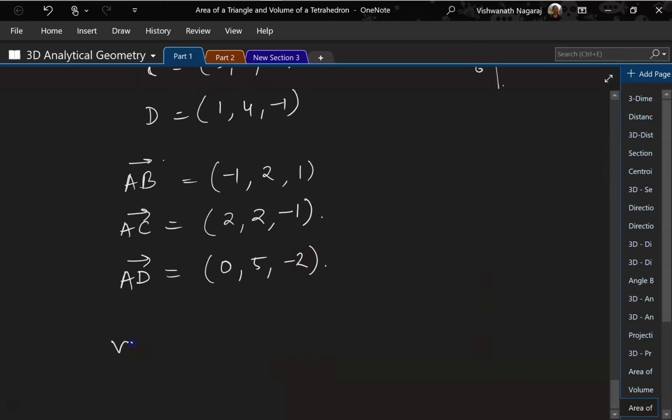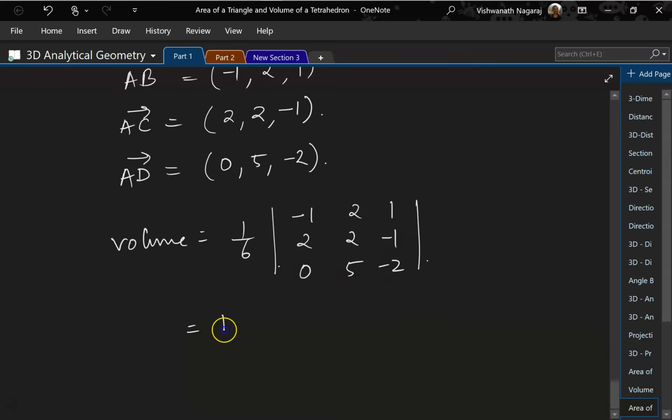Okay, now let's figure out the volume. Volume is equal to 1 by 6 times the determinant of the rows (-1, 2, 1), (2, 2, -1), (0, 5, -2), and this is pretty straightforward. Minus 1 times (-4 minus minus 5), that is plus 5, minus 2 times (-4 plus 0), then plus 1 times (10 minus 0).